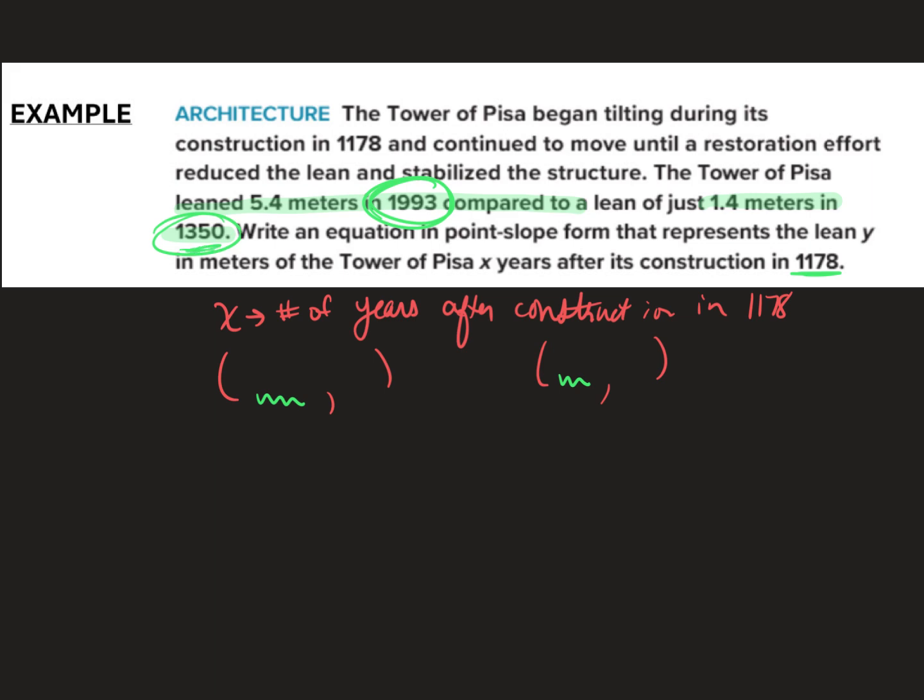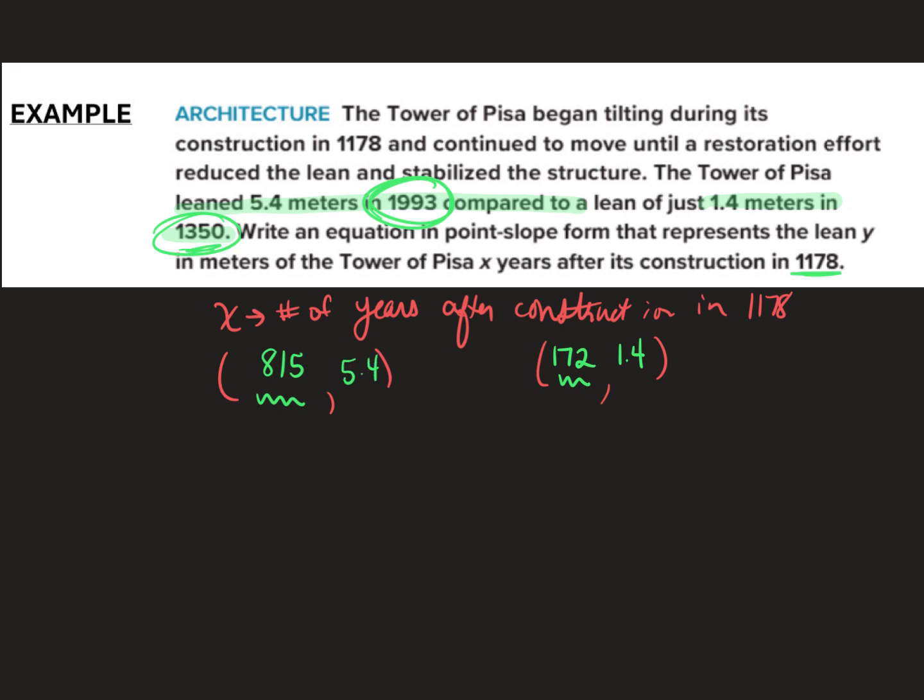And those values would be 172 for the 1350, so I'm going to put that one here. 1350 minus 1178 is 172. 172 years after 1178, 1.4 meters was my lean there. And then 1993 minus 1178 is 815 years, and that lean is 5.4 meters.